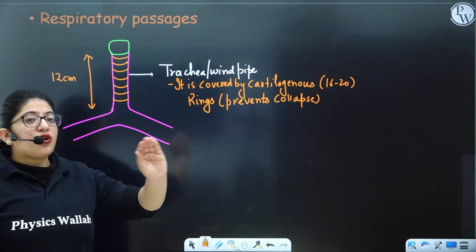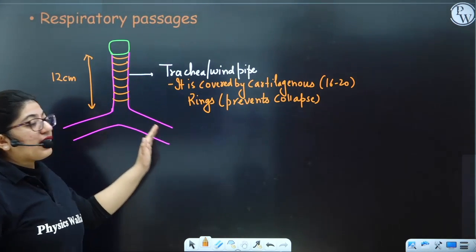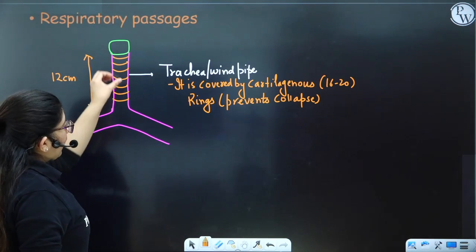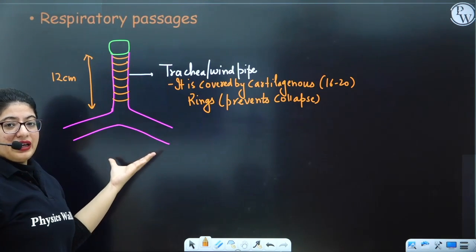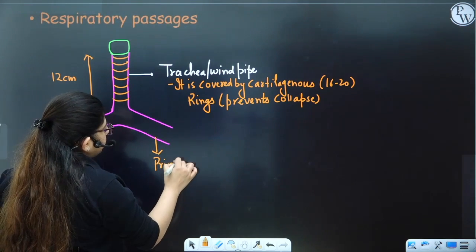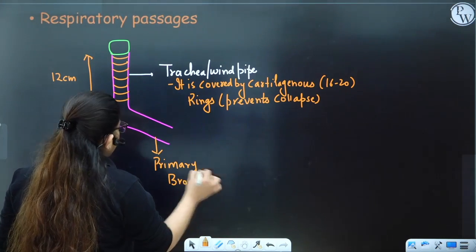And these rings are not just present in the trachea, rather, they move ahead. I told you this is what? This is bronchi. The trachea bifurcates into two bronchi. What is this? Primary bronchi. Both are primary bronchi.